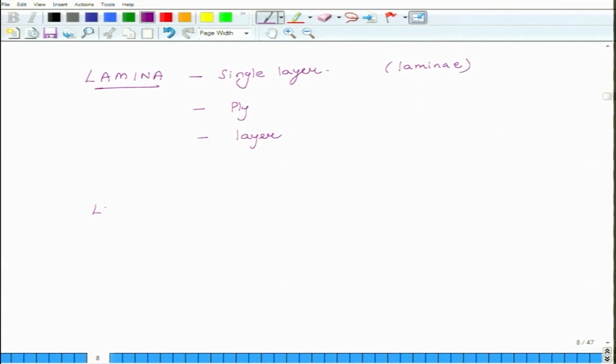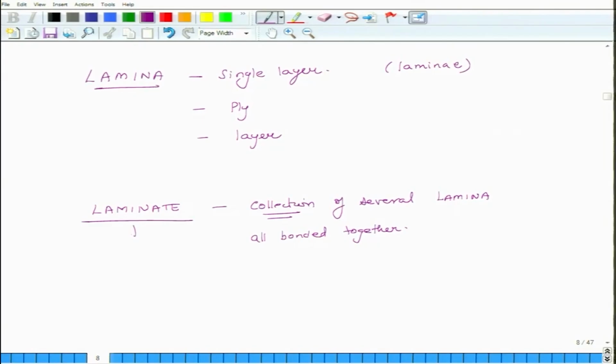And then you have a term called laminate. What is it? It is a collection of several lamina, but they cannot be separately floating lamina. It is a collection, that is why I said collection of several, all bonded together.